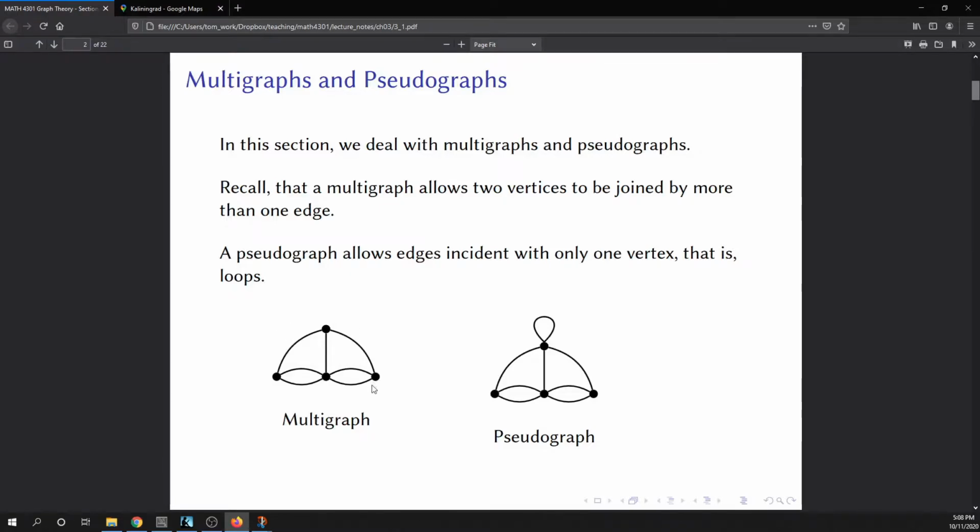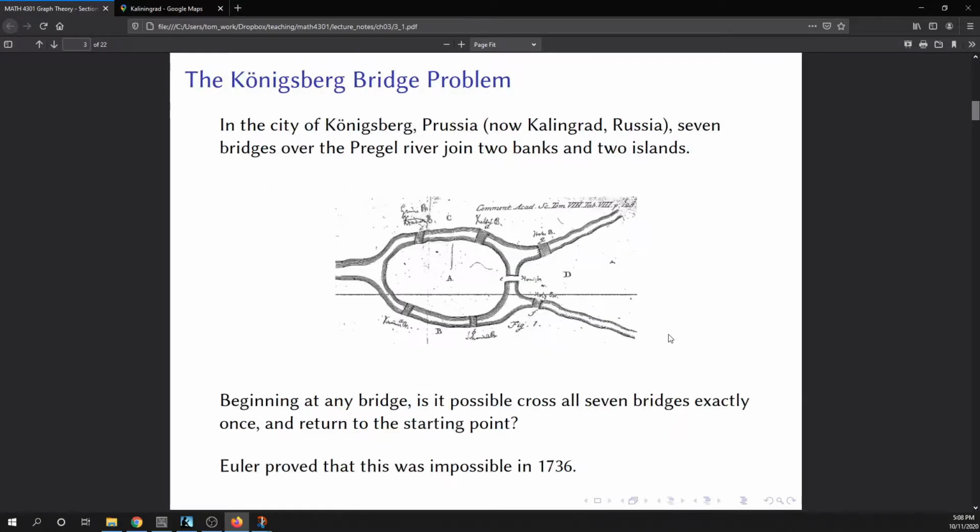And then a pseudograph is a multigraph that allows loops in it. So an edge from a vertex to itself. All right, so that's what we're going to be dealing with in this section. Just to remind you, again, the terminology is going to be different if you look in other sources.